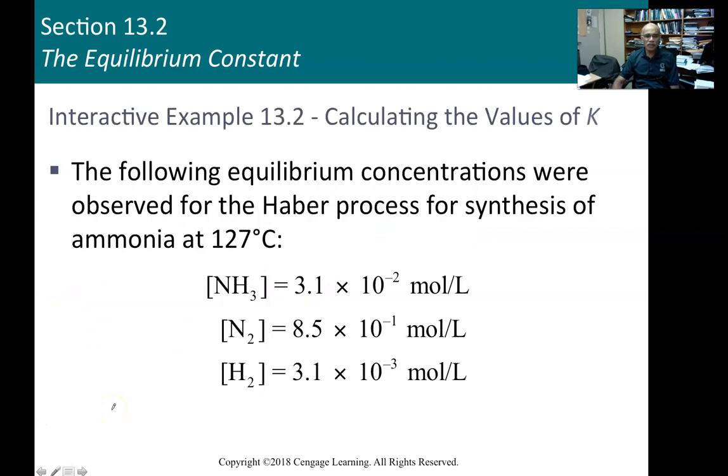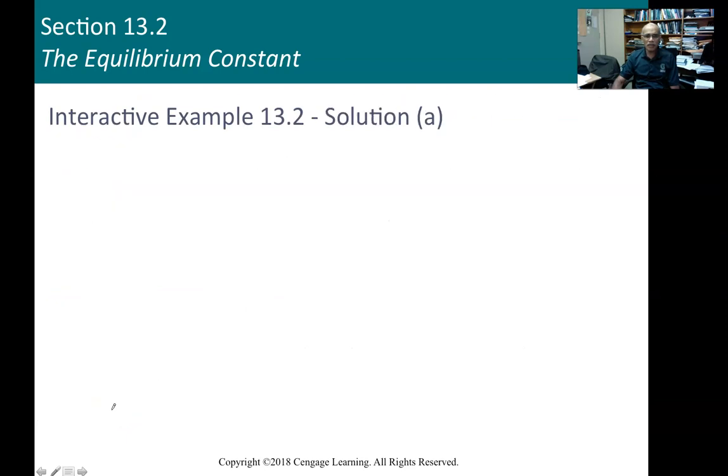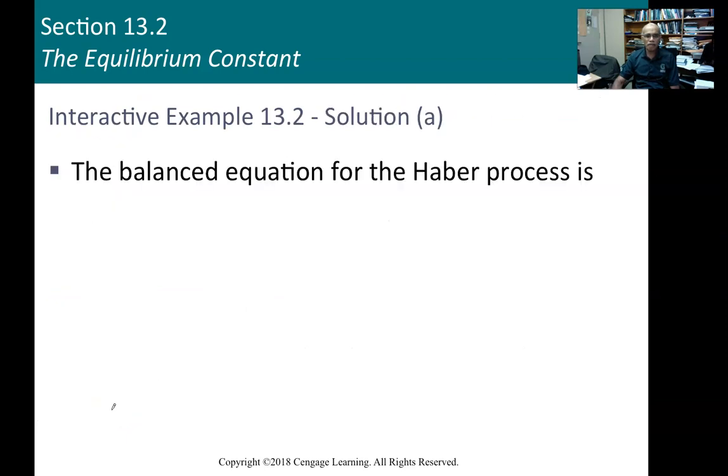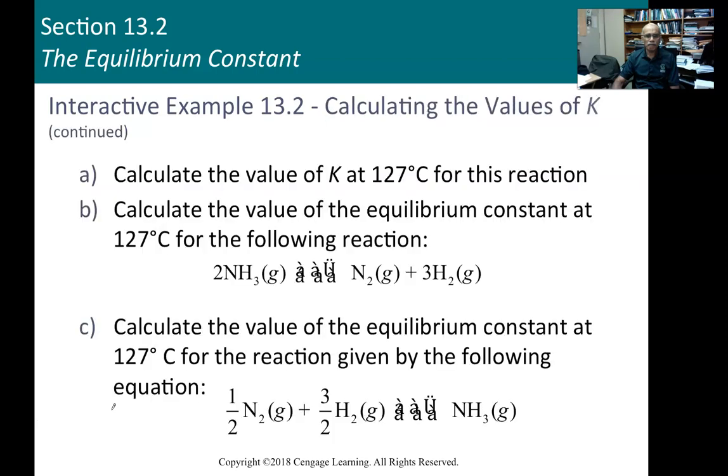So let's go to this next one here. If you look at this reaction, this is the reverse.